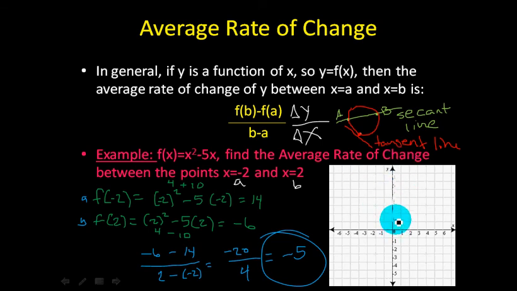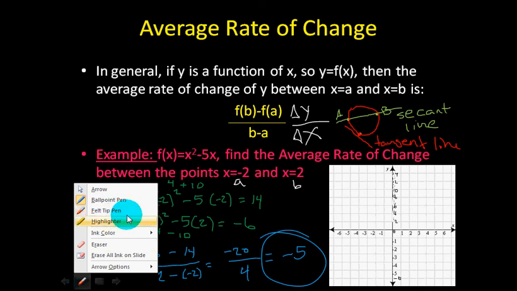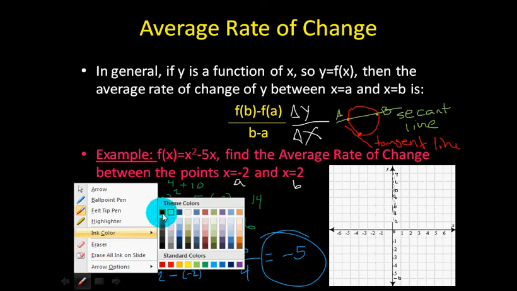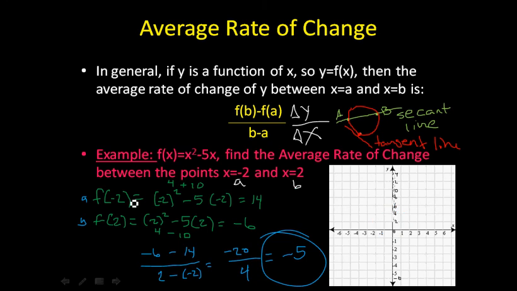So these will be counting by 2s. And then this is fine because that's 1, 2, 3, 4, 5, 6. So that's fine there. Okay, so we'll plot -2, 14, and then 2, -6.